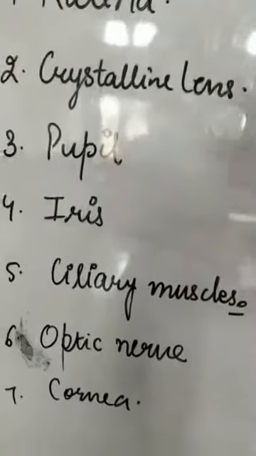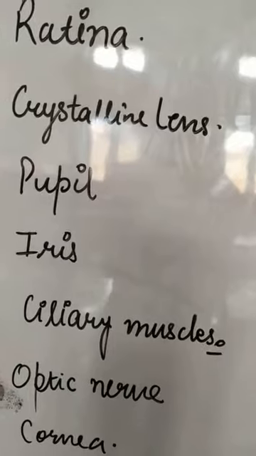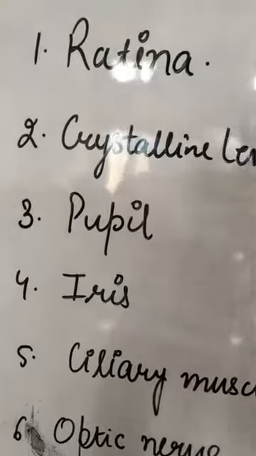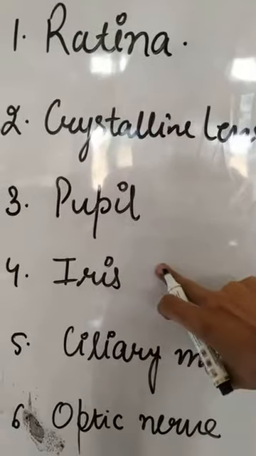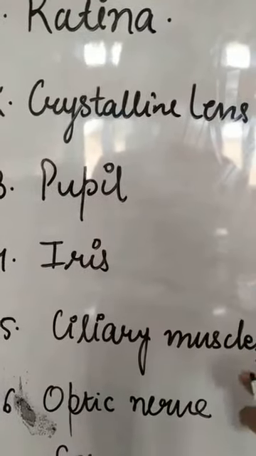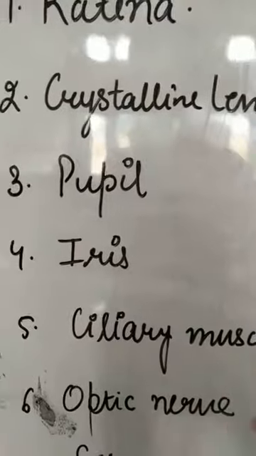So these are 7 main parts of our eye: retina, crystalline lens, pupil, iris, ciliary muscles, optic nerve, and cornea.